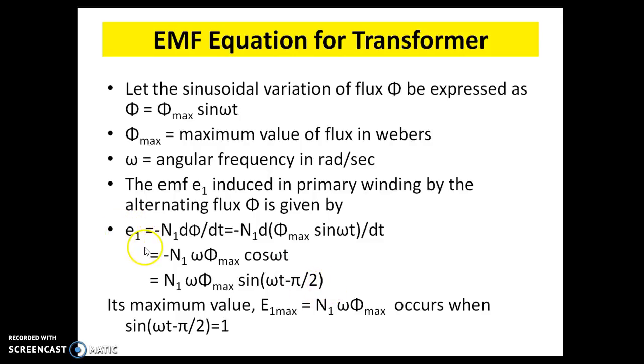The maximum value E1 max is N1 omega phi max, because the maximum value of the sine function is 1. It occurs when sine(omega t minus pi by 2) equals 1.